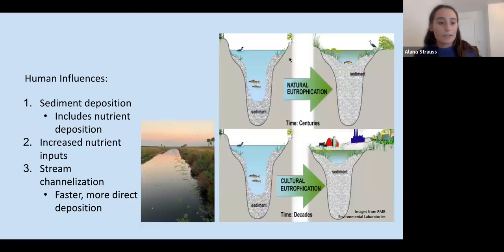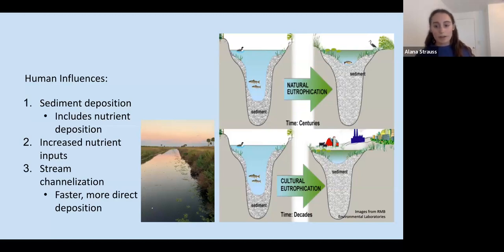Okay, anyways, so eutrophication is caused by multiple things. It can be natural, which happens when sediment is deposited into a larger body of water, such as a lake or a pond. The streams deposit sediment, and with the sediment come nutrients such as nitrogen and phosphorus and other things that can lead to more phytoplankton and other types of growth.